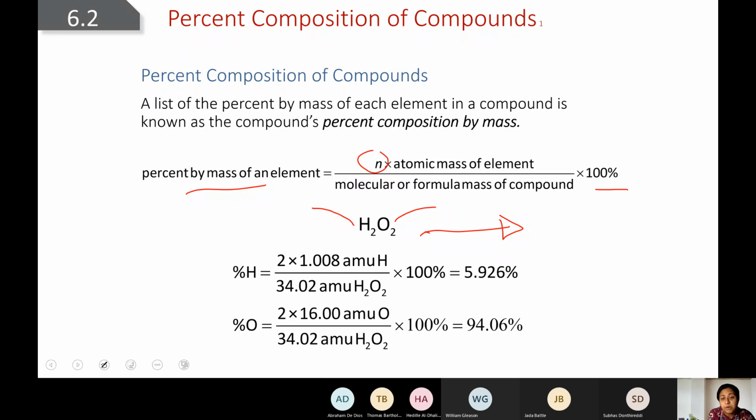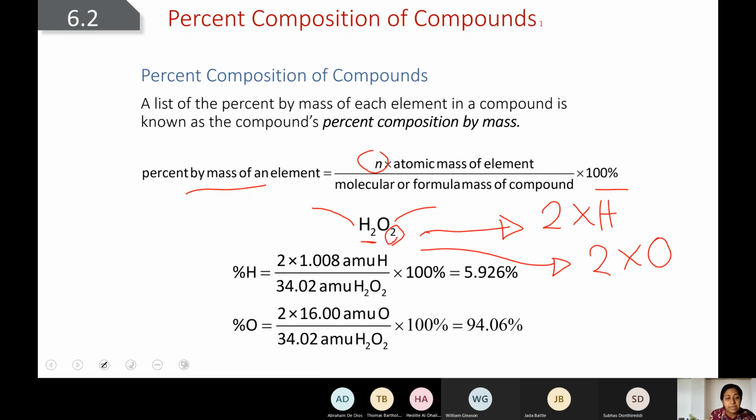Yes, the number of atoms of each element is given by the subscripted number. So there are 2 hydrogens per 1 mole of hydrogen peroxide. How many oxygens in this molecular formula? We look at this subscripted number. It is 2. Yes, there are 2 oxygens in 1 mole of hydrogen peroxide.